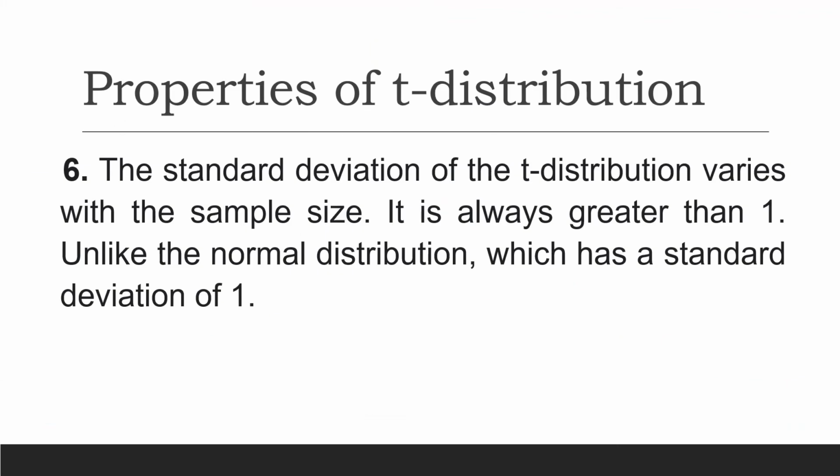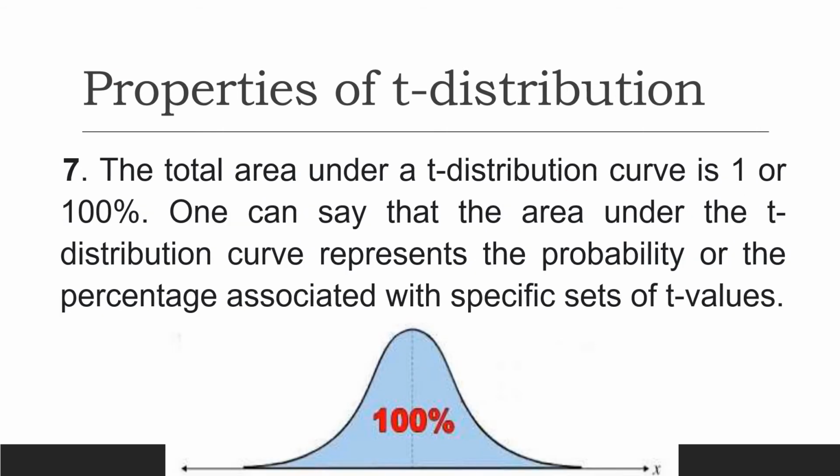The sixth property is that the standard deviation of the t-distribution varies with the sample size. It is also always greater than 1, unlike the normal distribution, which has a standard deviation of 1. And the total area under a t-distribution curve is 1 or 100%.